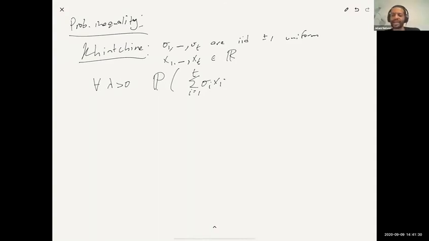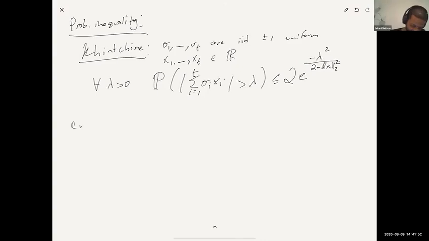So we'd like to say that it's unlikely that this random variable is large, because we expect it to be 0. So the probability that it's bigger than lambda in magnitude is at most 2e to the minus lambda squared over 2 times the L2 norm of x squared.